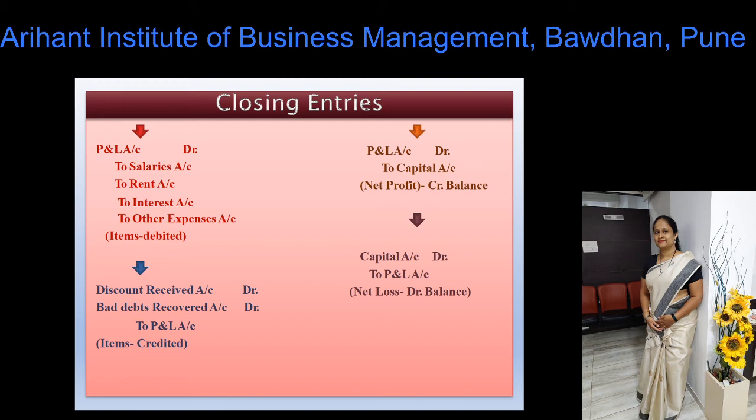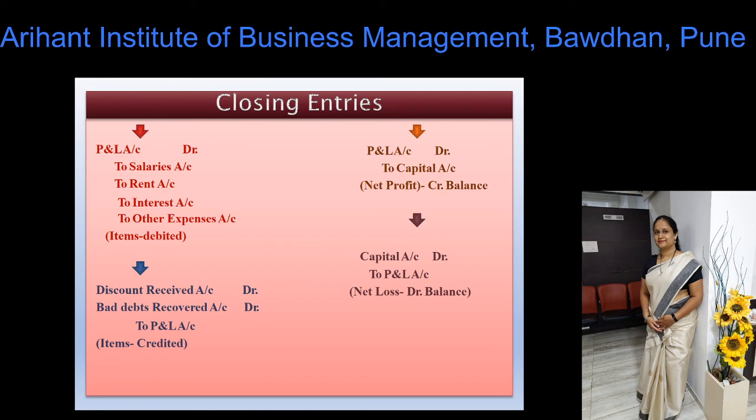See, you need to understand this concept. In the profit and loss account, we are giving a debit to the salary account. Which means in the salary account, which we create in the ledger, these expenses will be on the credit side, and on the debit side of the profit and loss account, you need to write salary and give it a debit balance.